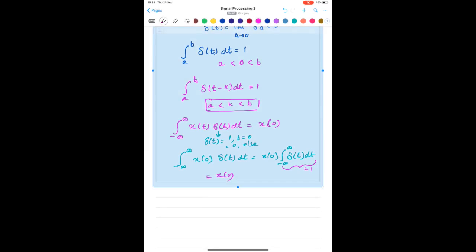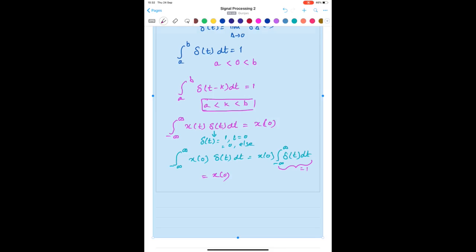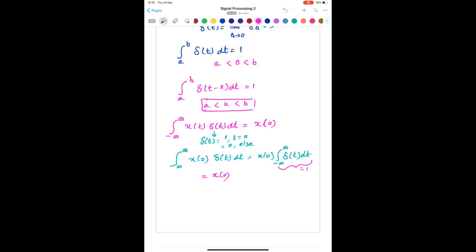If we have another one, written as the integral from minus infinity to infinity of x t delta t minus t naught dt, it will be equal to x t naught. How?